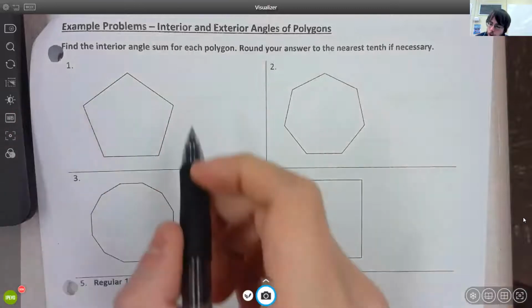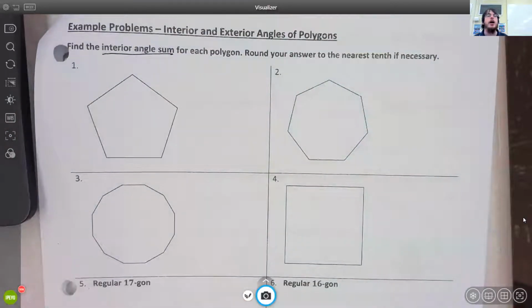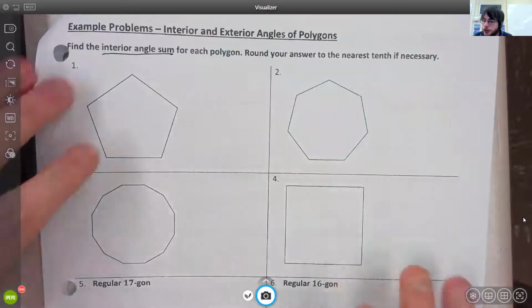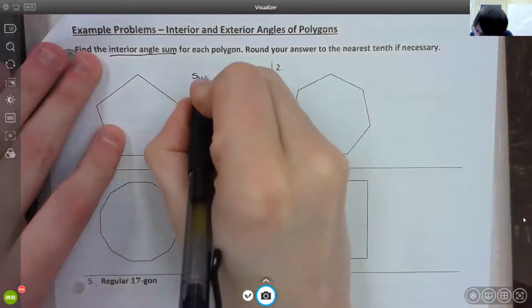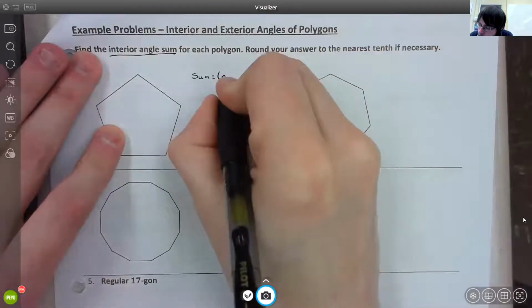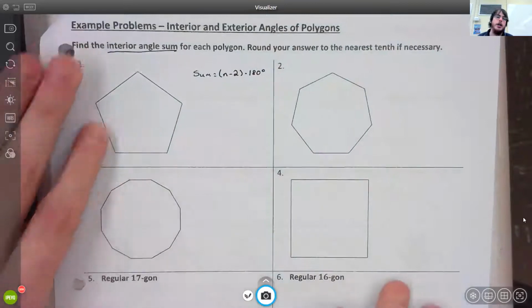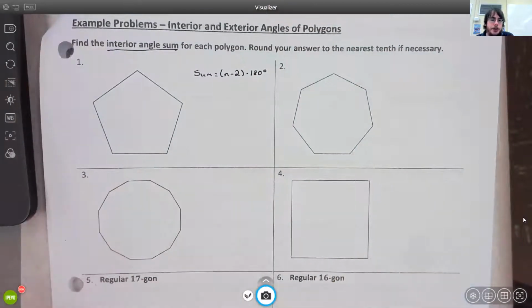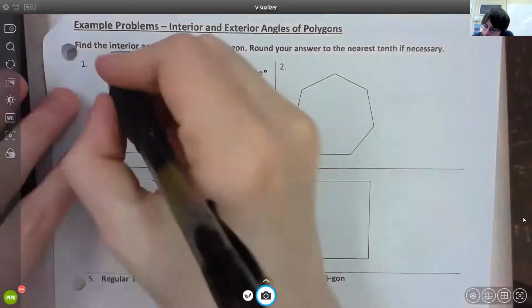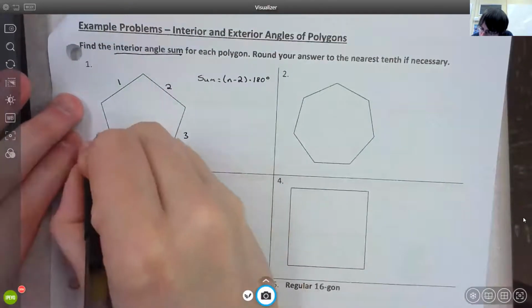So let's look at number 1. We want to find the interior angle sum. A good thing to get in the habit of when you're learning these is to write down the formulas. So the sum of the interior angles is equal to n minus 2 times 180, where n is your number of sides. Here we have a shape that has 1, 2, 3, 4, 5 sides.